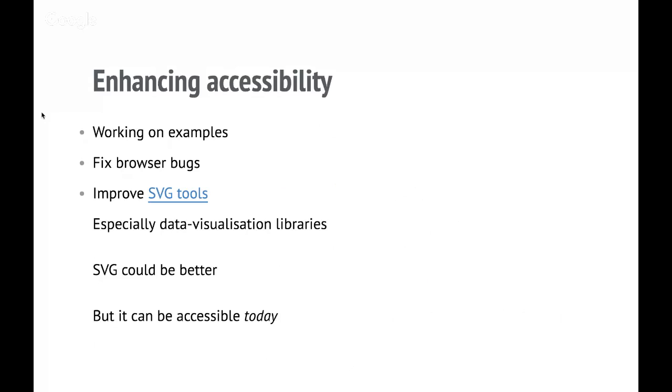While some tools use Canvas or some other kind of magic, CSS background sprites, and produce completely inaccessible data visualizations, there's a lot of uptake of SVG for data visualization. And if only the libraries that people used automatically did the kind of things we've seen here, the web could be a whole lot better. SVG certainly can be improved in terms of accessibility, but in very many ways it can be made accessible today. Next slide, please.